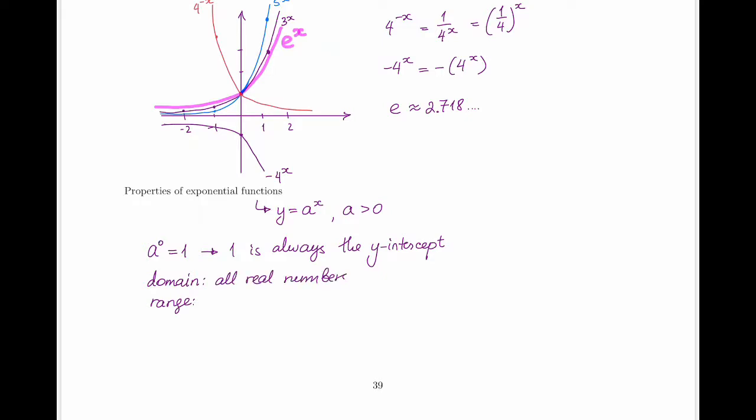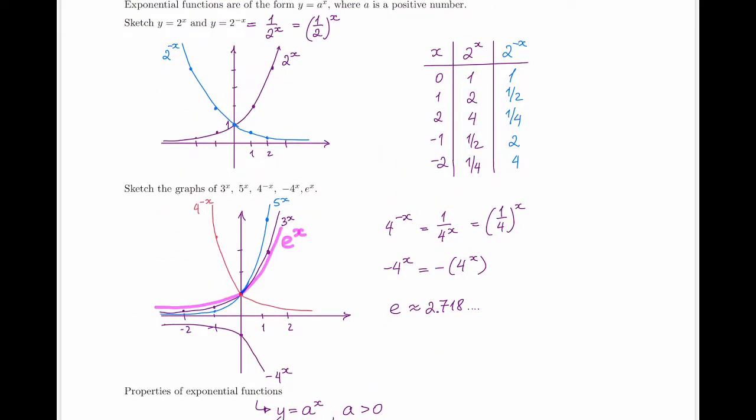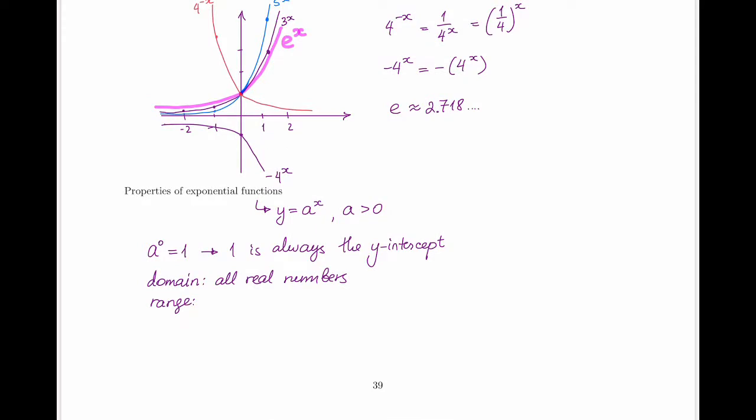But for the range, again talking about just the basic exponential function, we noticed right in the very beginning that no matter what x's I plug in, the values that we get out will always be positive. I will never be able, as a power, to get a negative number or even a 0, which means that the range will be all y's that are strictly greater than 0. Even 0 is not attainable. This in itself means that a to the power x is strictly positive for all values of x.